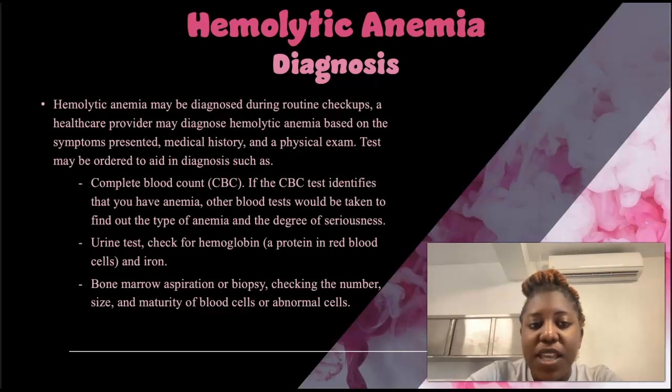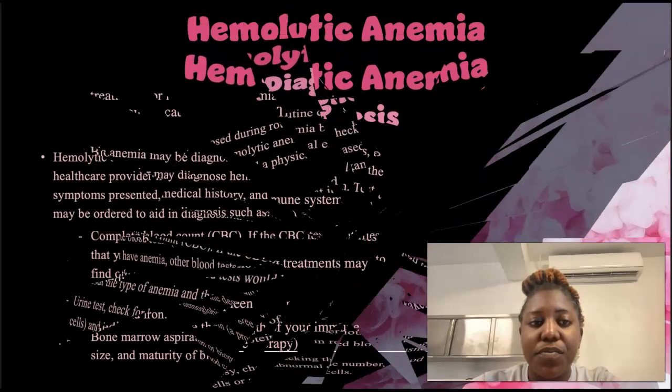Urine tests to check for hemoglobin, which is a protein in red blood cells, and iron. As I mentioned earlier, this can result in the darkening of the urine in the symptoms. Also, a bone marrow aspiration or a biopsy to check the number, size, and maturity of blood cells or abnormal cells may be done.